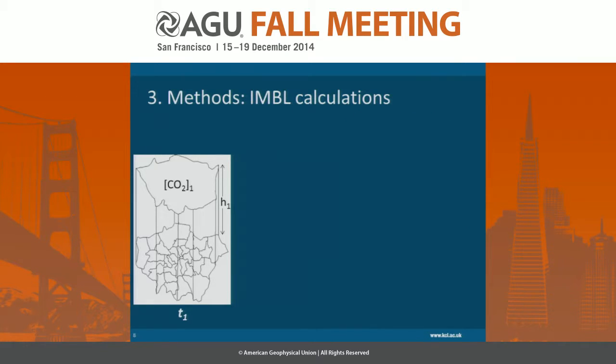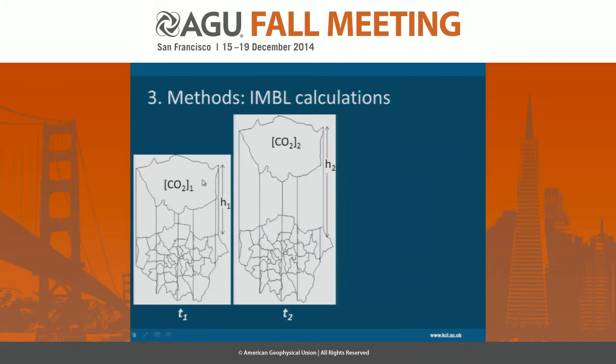So how did we apply the integrative mass boundary layer calculations? This method is basically a box, and we consider that the city itself is a box that has an altitude h. If we measure the concentration at time 1, we will measure a given concentration of CO2. And later in the day, we measure another concentration in that box, which might have expanded if we go from early in the morning to later in the day.